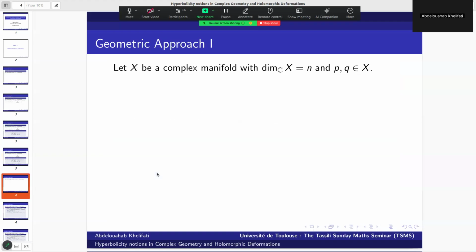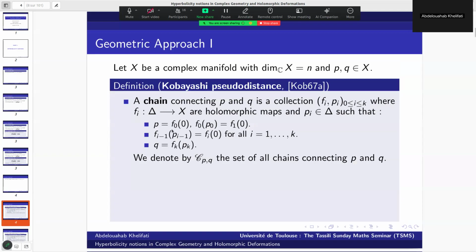Kobayashi did the construction this way. He defines the Kobayashi pseudo distance a priori through what we call a chain. We fix a complex manifold, which is a priori not compact, though that's not important at this point. Take any complex manifold and take two points in it.